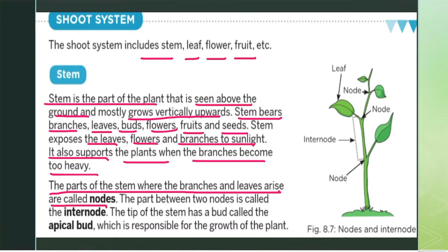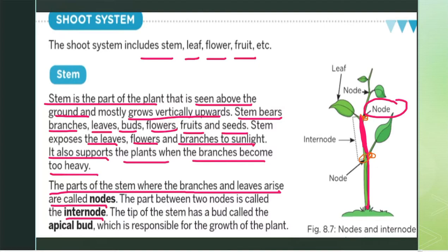This is a part of the stem, and this is the node, and here this is the node, that is, the part from where the branches and the leaves arise is known as node. Now internode, another term which is frequently asked, is the part between two nodes. This part between two nodes is known as internode.